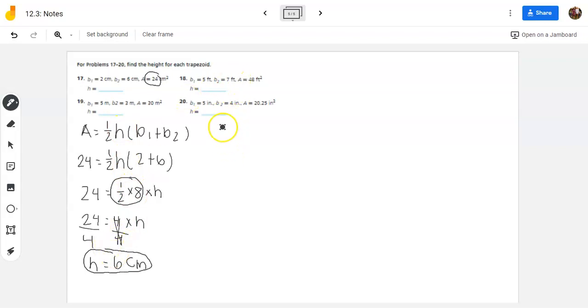And our last one, number 18, we're going to write our formula. So A equals 1/2 h, B1 plus B2. Area is 48, so I'm going to plug in 48 for A. I have 1/2 h. B1 is 5, B2 is 7.